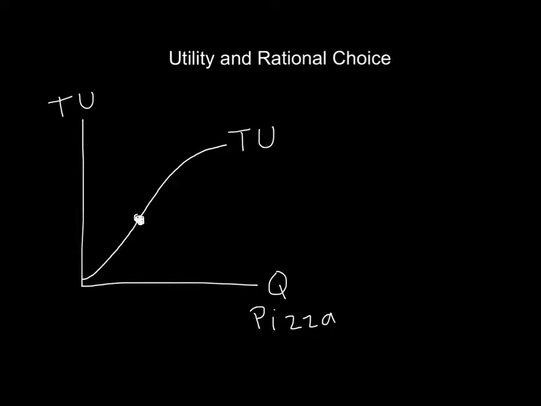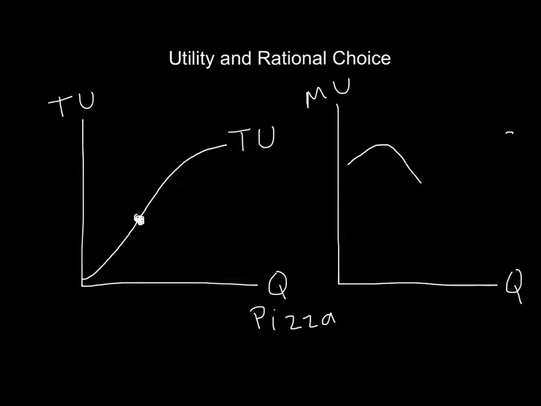Okay, so the graph for marginal utility that goes with that would look like this. Marginal utility would decrease, maybe it would increase a little bit, but at some point it would begin to decrease with quantity.